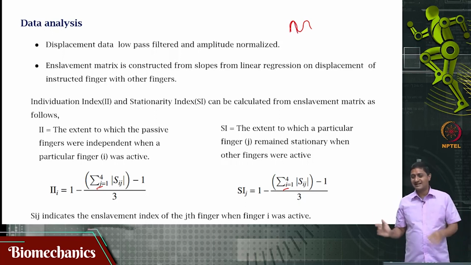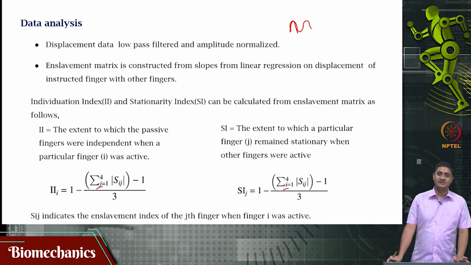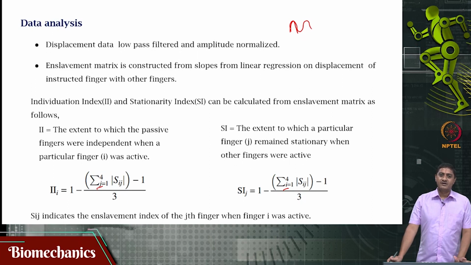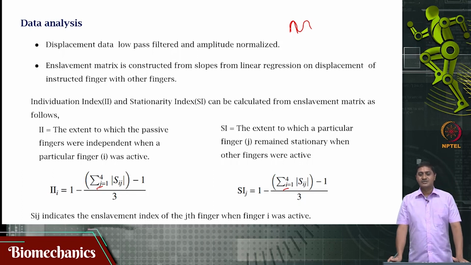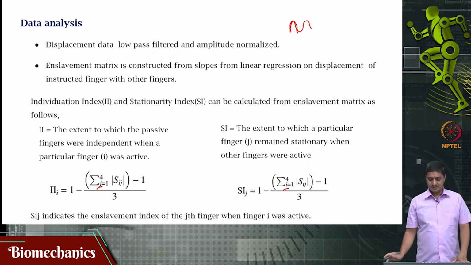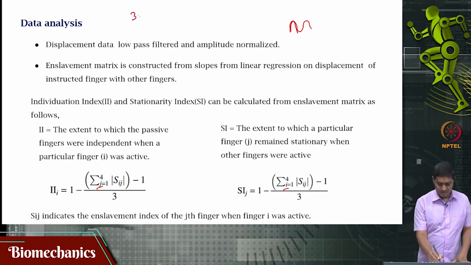We separately analyzed this. Then wrist posture, whether it is neutral, flexed or extended, because we had three different conditions, and which particular fingers were used: index, middle, ring, little.